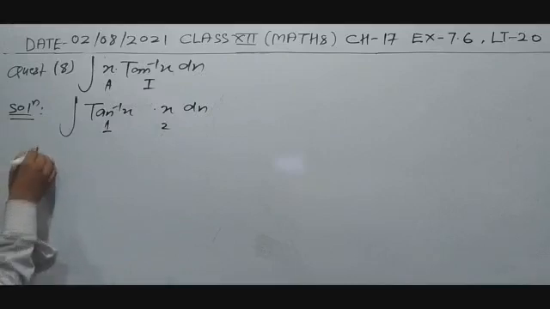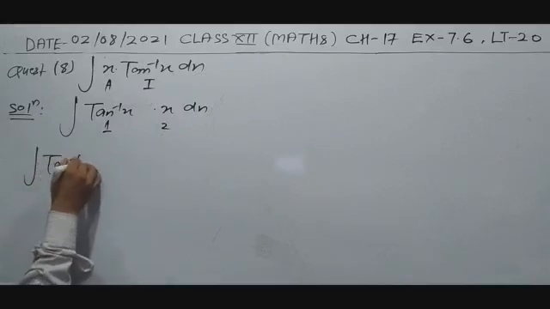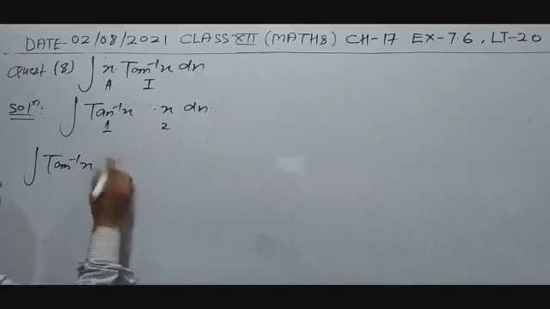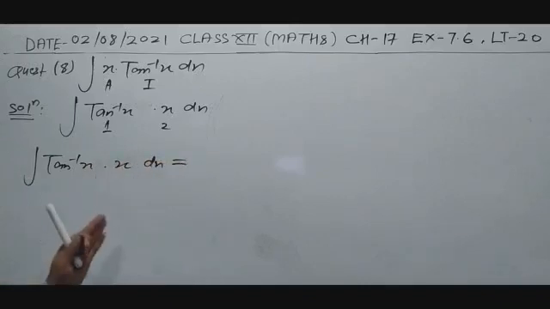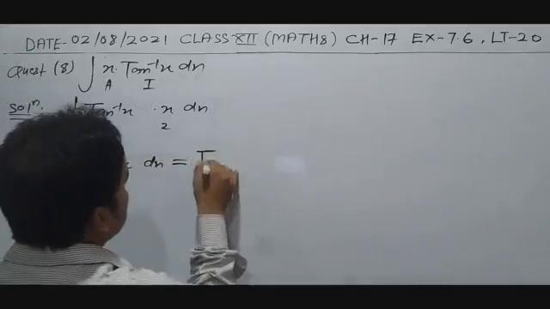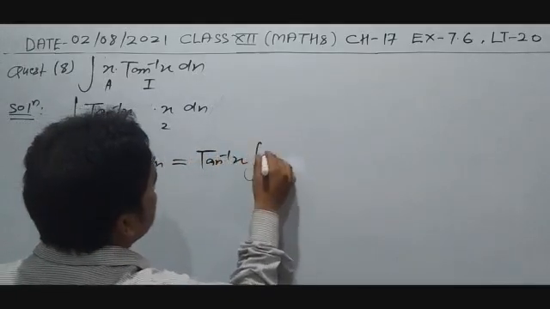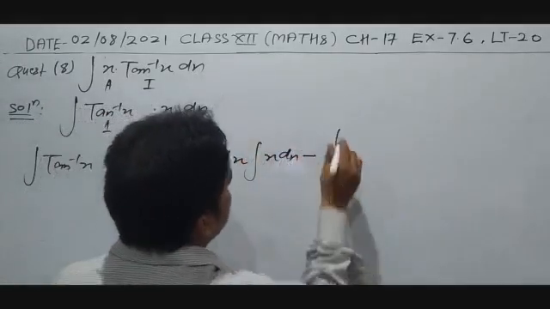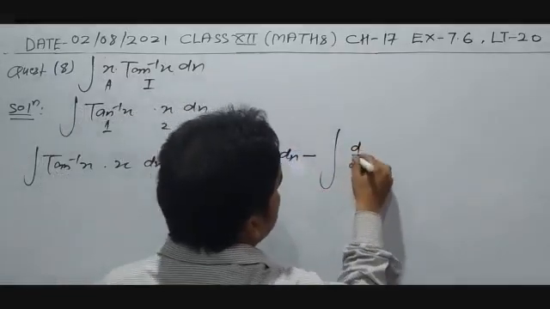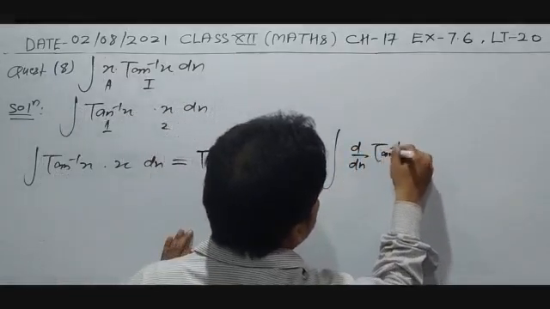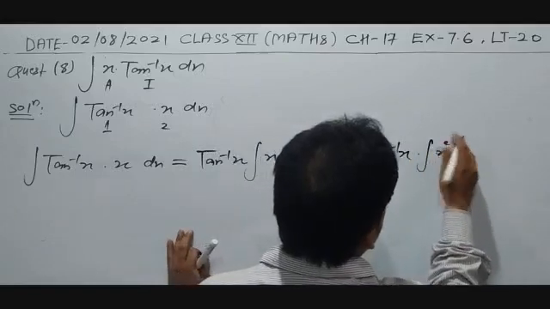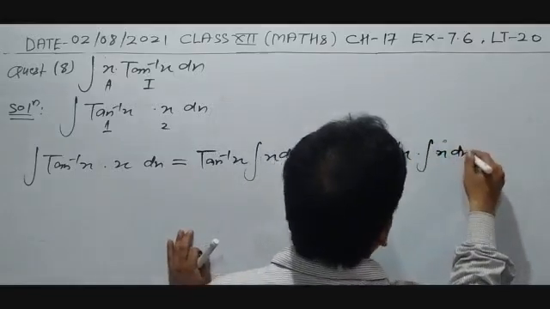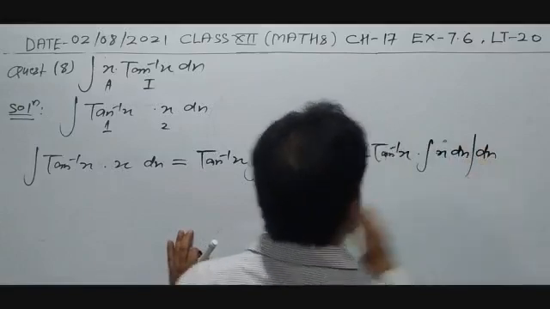The result will be integration of tan inverse x into x dx, means first function times integration of second function, that is, tan inverse x times integration of x dx, minus integration of d by dx of the first function into integration of x dx, and now whole dx.